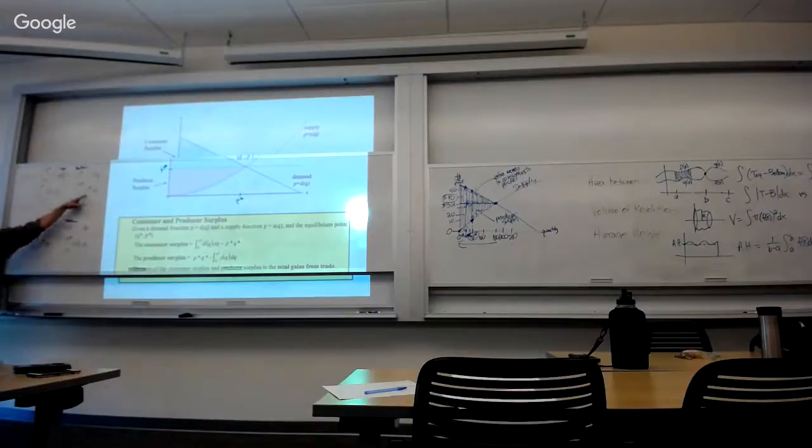So just like the previous one, the integral of p star dq became p star q star. We can do all the work, but it's going to be the same result. So p star q star minus this.